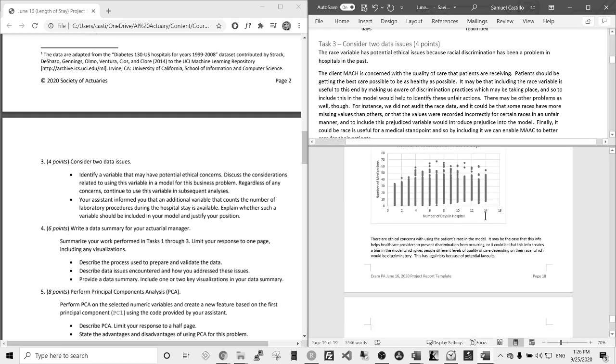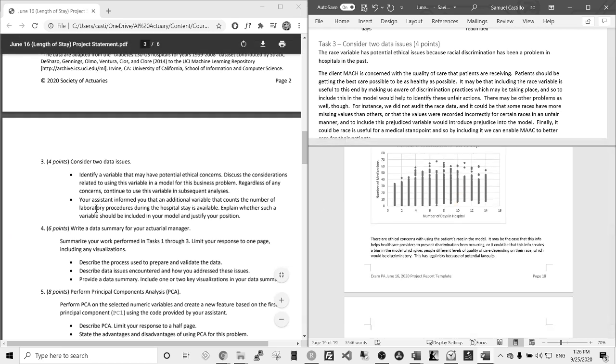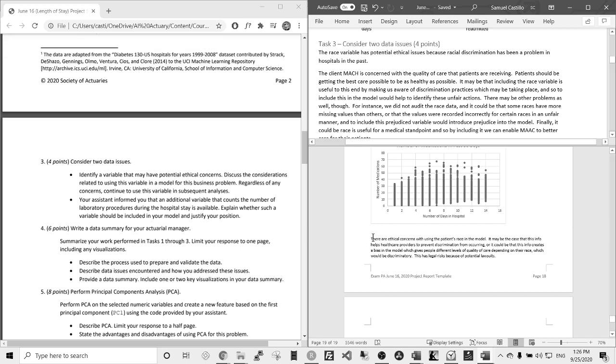And then the other concern was whether the number of laboratory visits should be included. And remember, we said that it wasn't. It should not be included because it would be leaking the signal into the length of stay of the hospital. So we concluded that the other info in the data was complete and informative for the patient's length of stay.